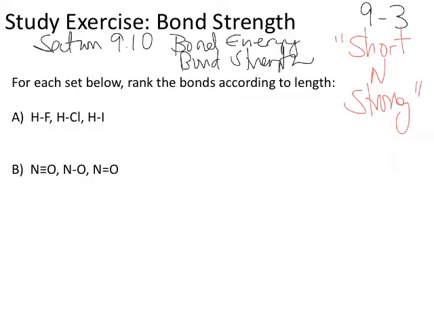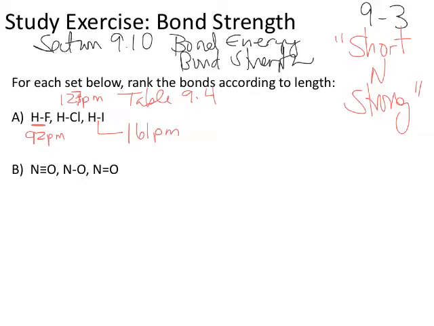So if you look at table 9.4, you'll see the length of these bonds for HF is 92 pm. HCl is 127 pm, and then HI is 161 pm.